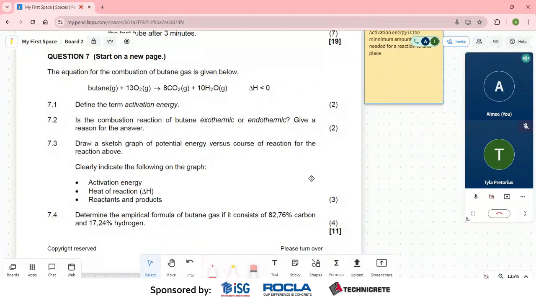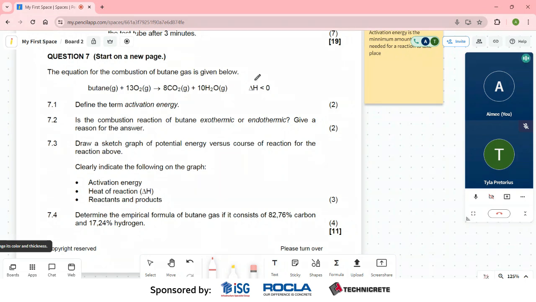So that was 7.1. 7.2 says, is the combustion reaction of butane exothermic or endothermic? Give a reason for your answer. Okay, well, we already did something about this. Remember, I told you that if it's endothermic, it means your change in enthalpy or your change in H is going to be positive or bigger than zero, and your change in enthalpy is going to be negative or smaller than zero if it's exothermic, okay?